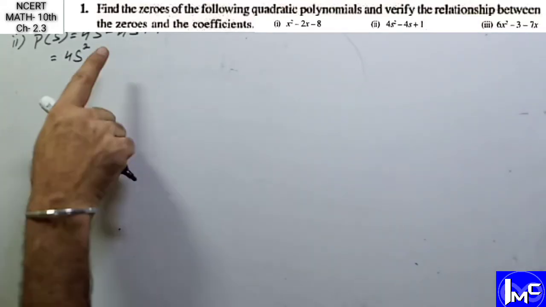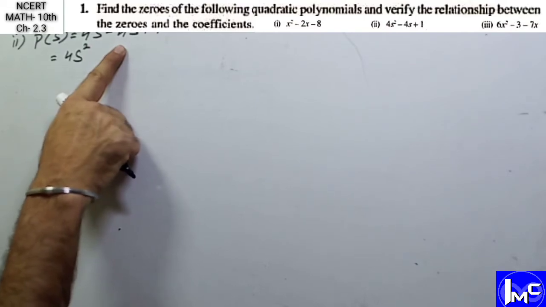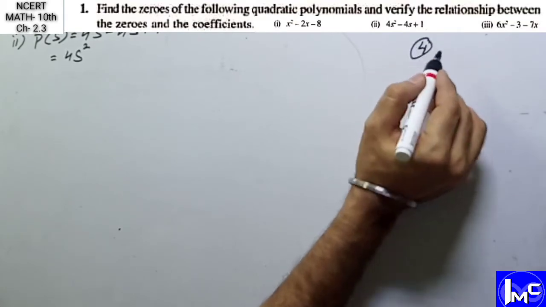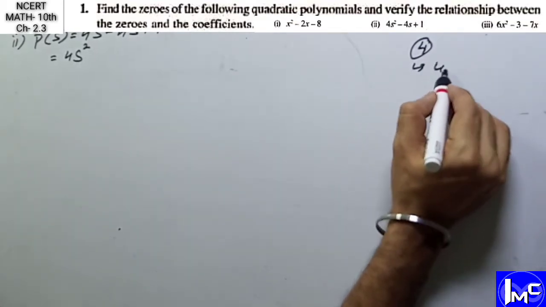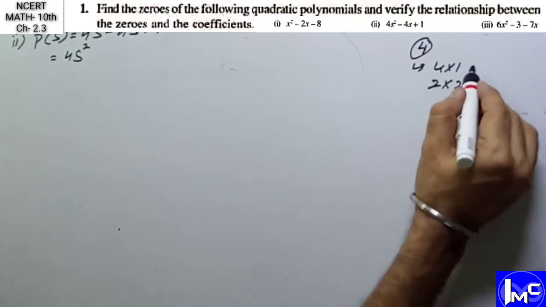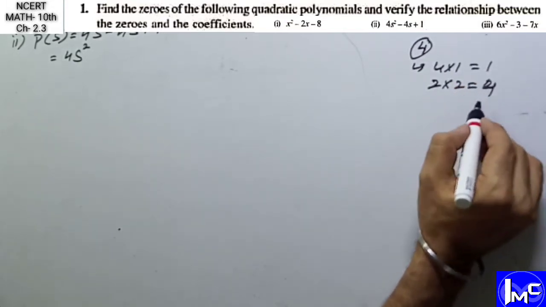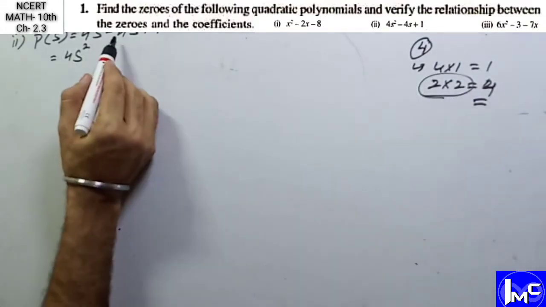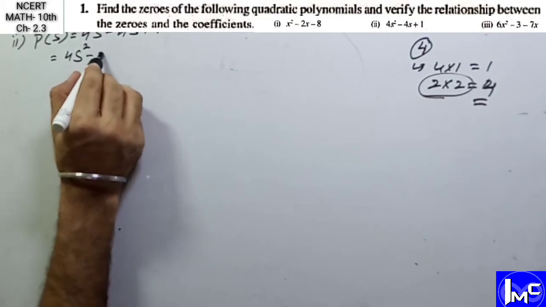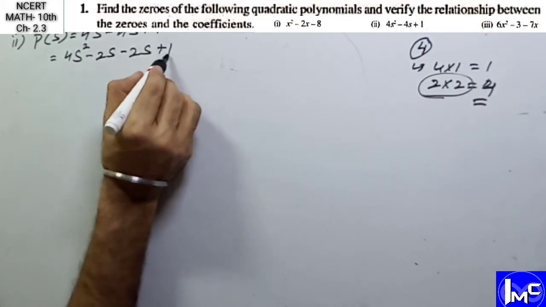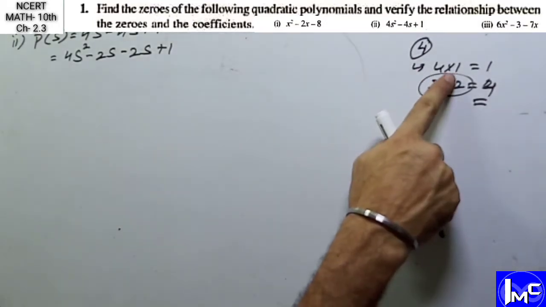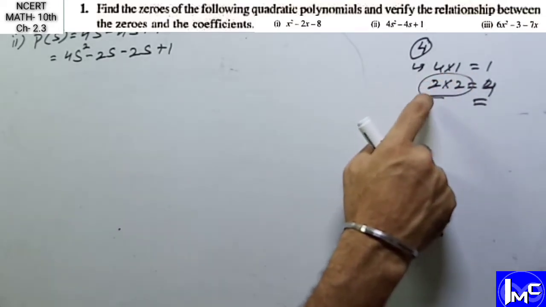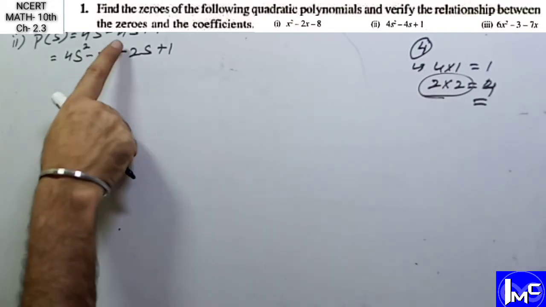For 4s square, we shall split the middle term into two terms whose multiplication will be 4. 4 ones are 4, 2 twos are 4, and we need this pair to make the middle term 4, that is 2s minus 2s plus 1, because 4 minus 1 will make 3 and 4 plus 1 will make 5. So we shall use this pair of numbers.